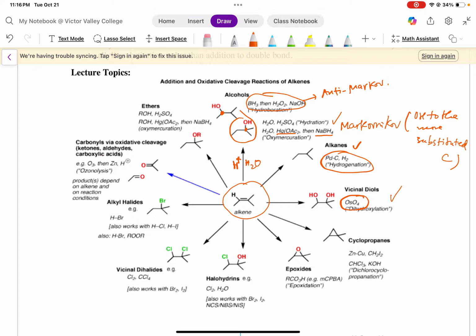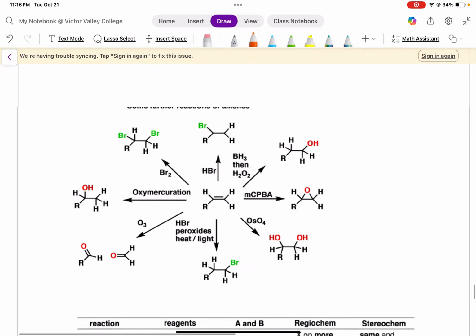So with OsO4 as the main reagent, we'll get a diol, and that should be on the same side. If it's a ring system, it'll be on the same side. So if you have a cyclohexene and you do OsO4, I want to say it's hydrogen peroxide in the second step, something like that.